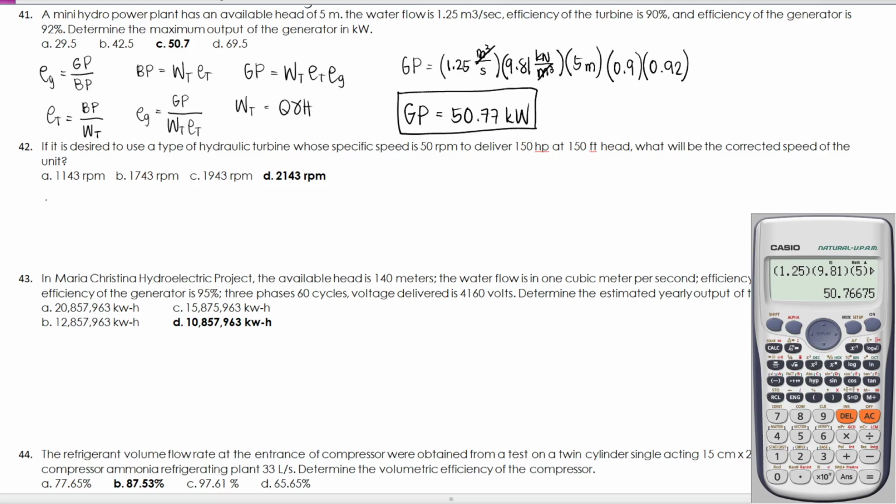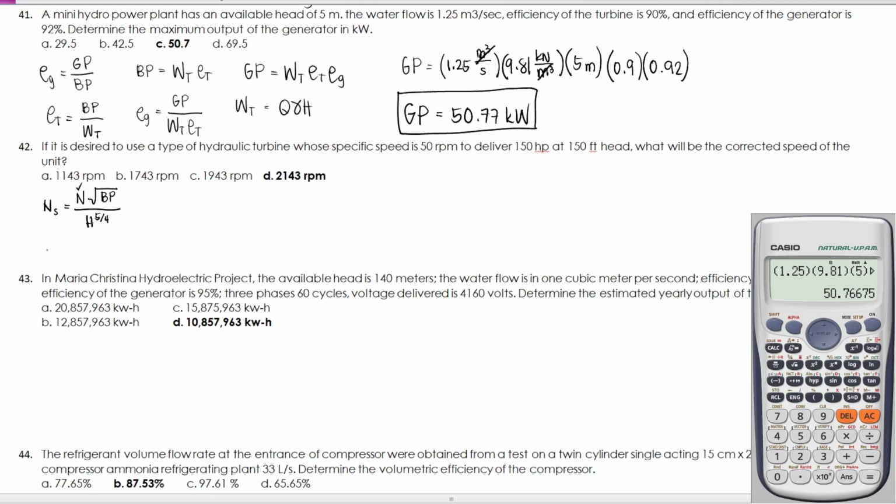So, meron tayong formula ng specific speed ng hydraulic turbine in English unit. That is equal lang sa N square root of the brake horsepower divided by the head in feet raised to 5/4. So, yung hinahanap nating corrected speed, ito yung N na ito.